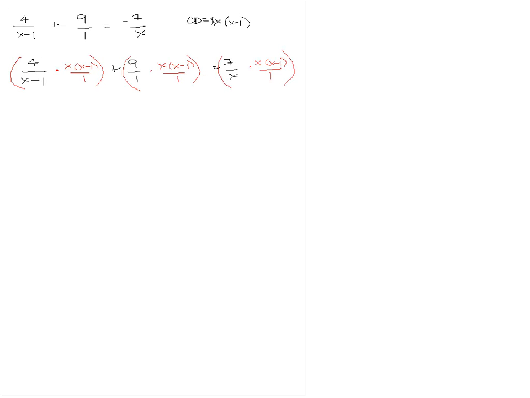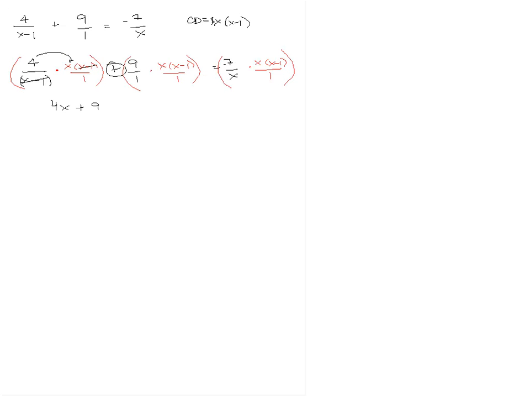Okay, all right. Nope, I don't want the eraser. I want center. Okay, so this x minus 1 goes away. I'm left with 4 times x, which is 4x, plus nothing goes away here.